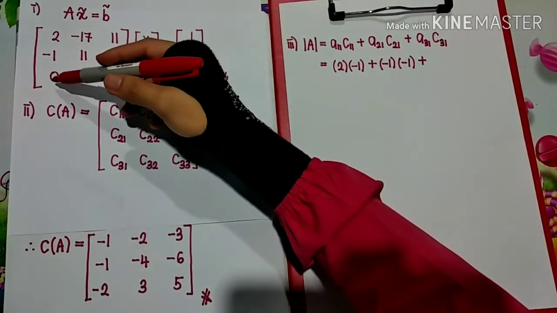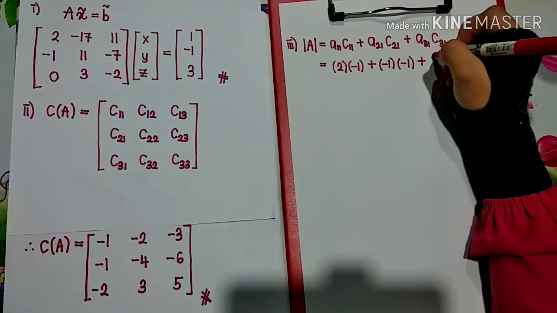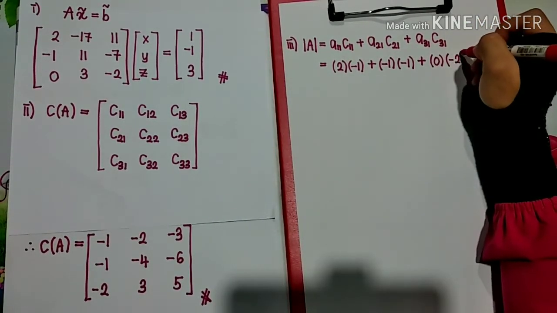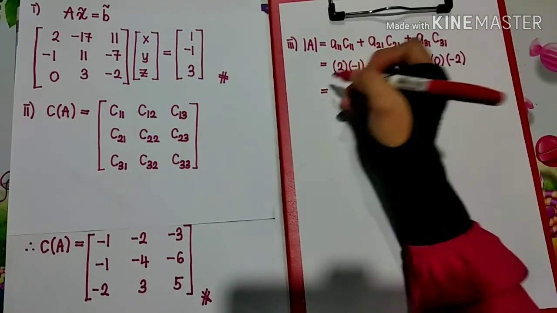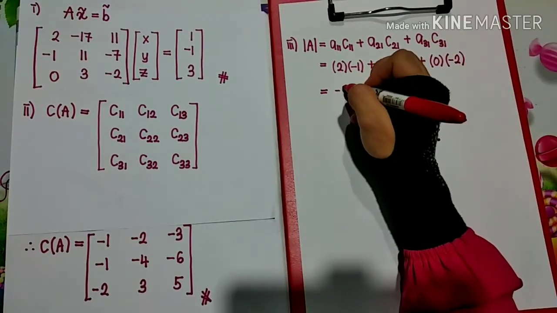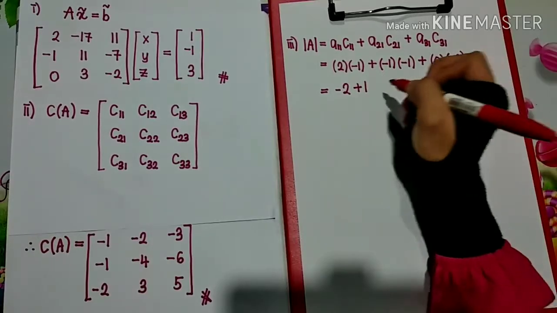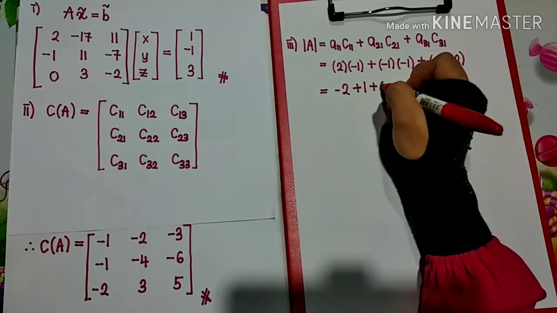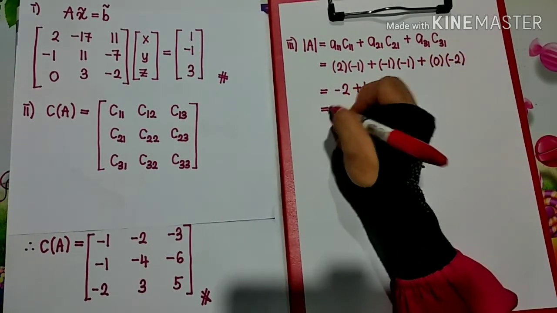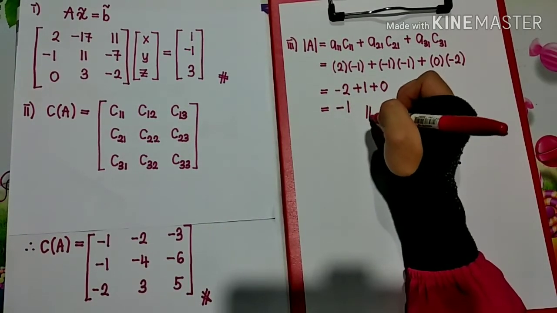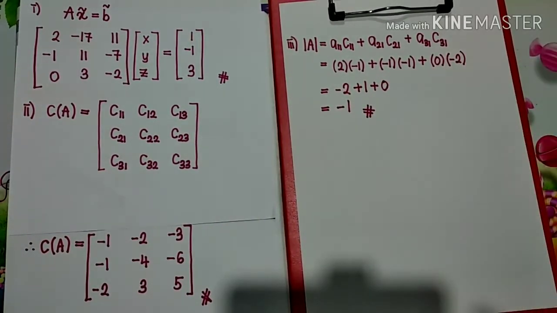A31, you see here, 0. C31, negative 2. And then you can compute the determinant here. This one will be negative 2 plus 1 and plus 0 here. So, negative 2 plus 1. So, you get the determinant of A equal to negative 1.